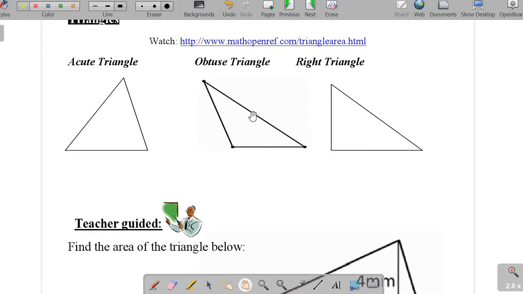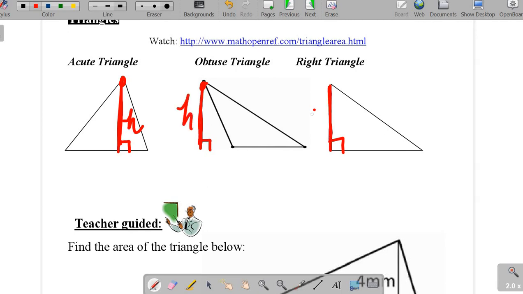So you remember this illustration in an acute triangle. In an acute triangle, the height is inside. In an obtuse triangle, the height is outside. And in a right triangle, the height of a triangle is on the side.